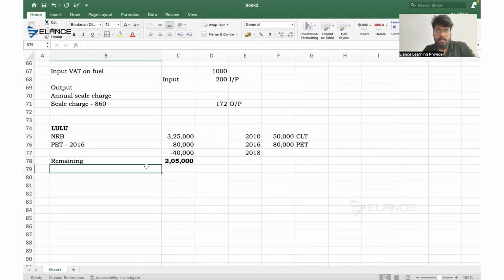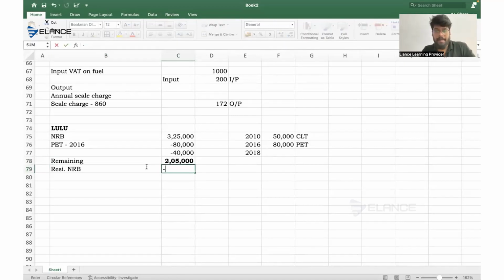And on the death of Lulu, the residential nil rate band is unused because he doesn't have any residential property. That's why he is not able to use any residential nil rate band. But our rule is, on the death of the first partner, if the nil rate band is not utilized, that unused nil rate band can be transferred to the living partner.